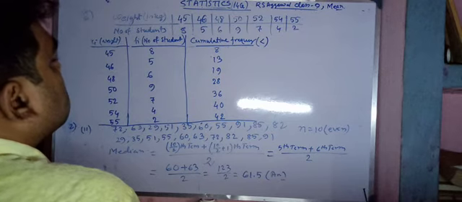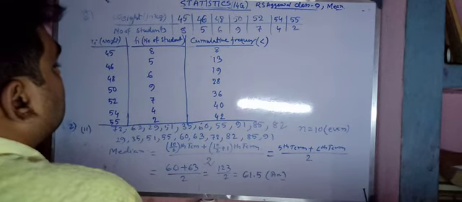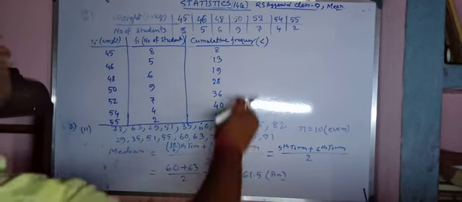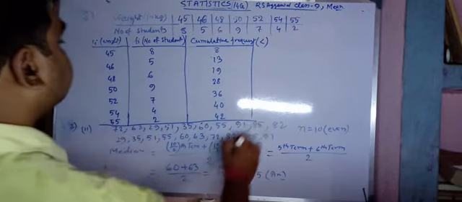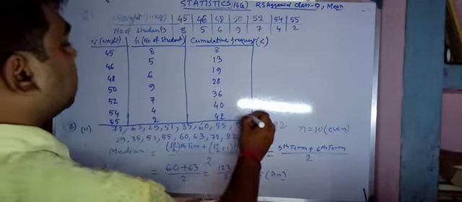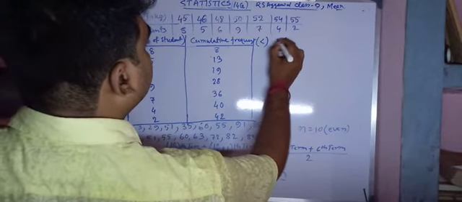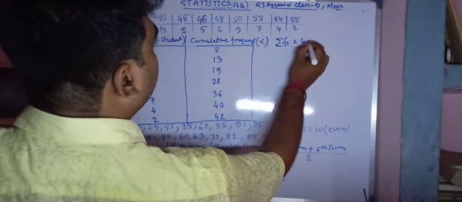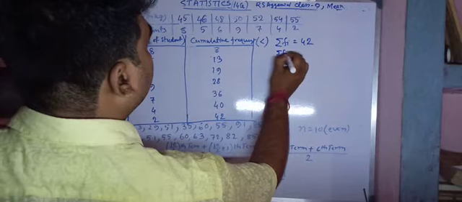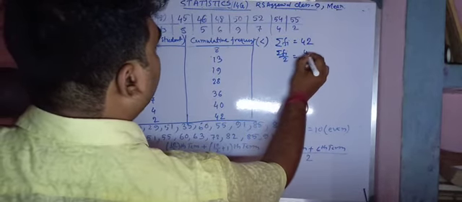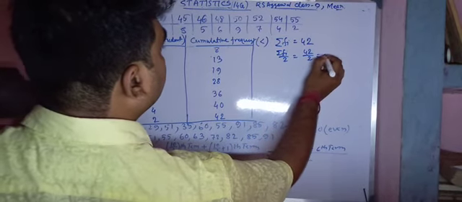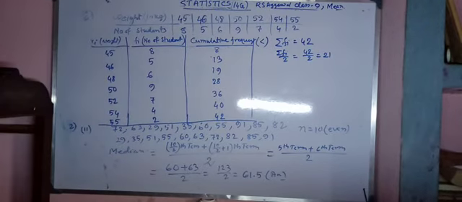Now, my total frequency, that is the summation of fi, is equal to 42. Now summation of fi by 2 is equal to 42 by 2, that is 21.